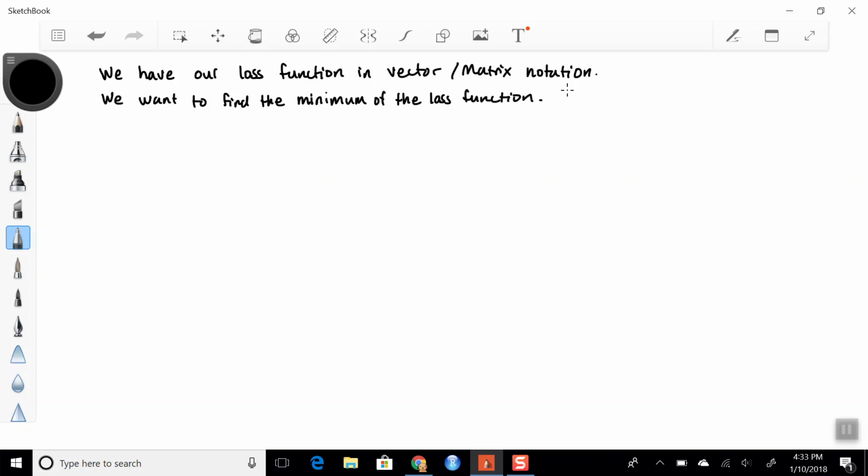The way we're going to do this is take the derivative and set that equal to 0, or solve for where the derivative equals 0. Did you guys take derivatives with respect to vectors in linear algebra? With gradients and stuff, maybe? Well, anyway, we'll do a quick review of this.